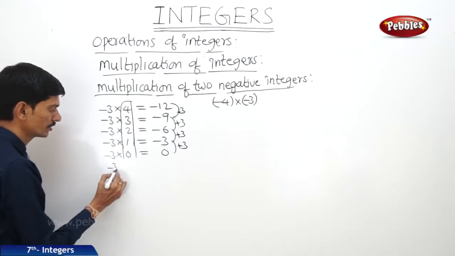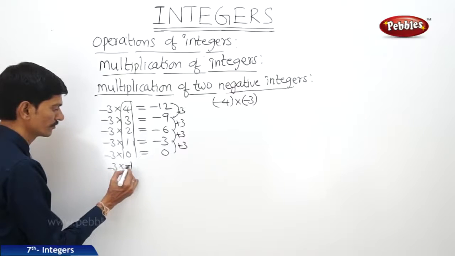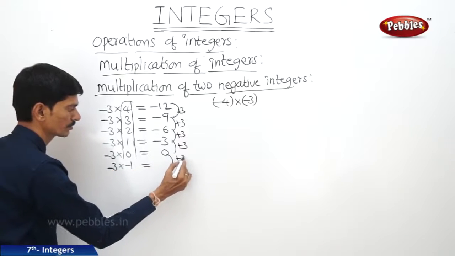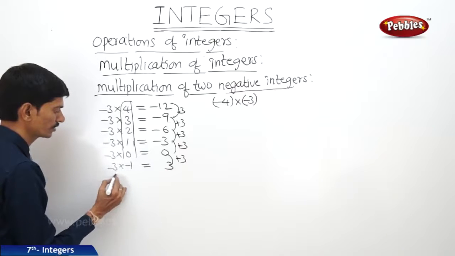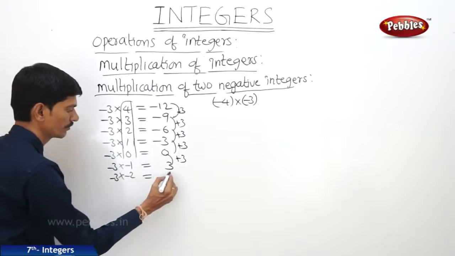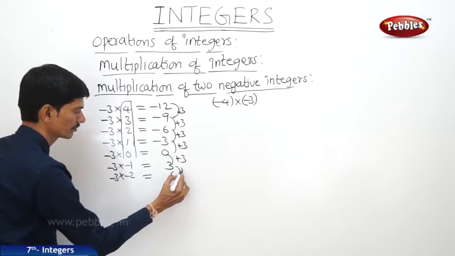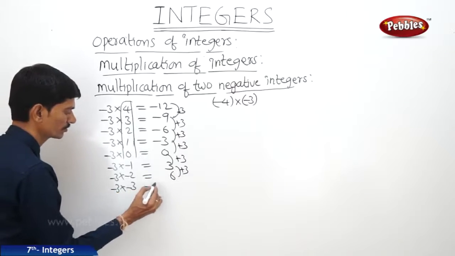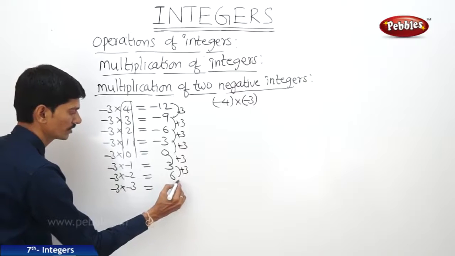So minus 3 into minus 1 equals 0 plus 3, which is 3. Then minus 3 into minus 2 equals 3 plus 3, which is 6. Then minus 3 into minus 3 equals 6 plus 3, which is 9.